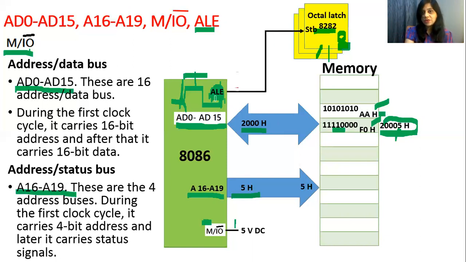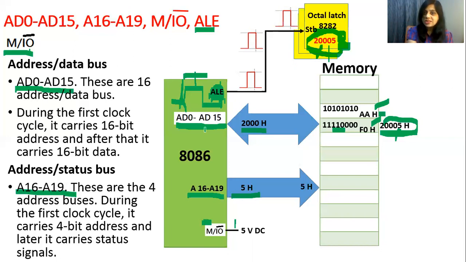It transfers a pulse like this to the octal latch. This pulse is connected to the strobe pin of the octal latch. When the strobe pin of the octal latch receives this pulse, it will hold this address. It will store this 20005, which is the 20-bit address, inside the octal latch.